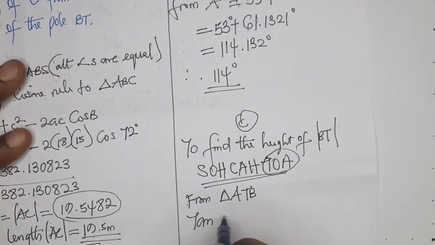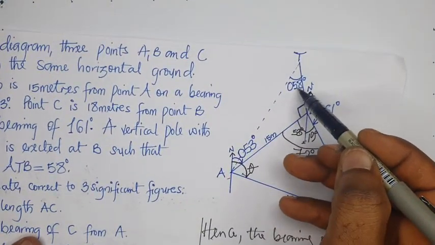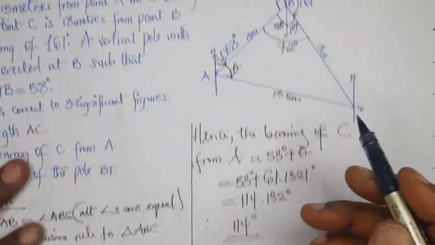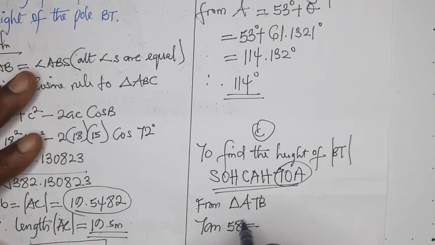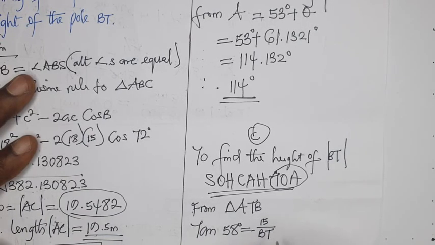The tan of 58 degrees, remember tan is opposite over adjacent. The opposite of 58 degrees is 15, and the adjacent is TB. And TB is what we are looking for. So the tan of 58 degrees is equal to 15 meters divided by TB, or you can call it BT, whichever one, TB or BT.